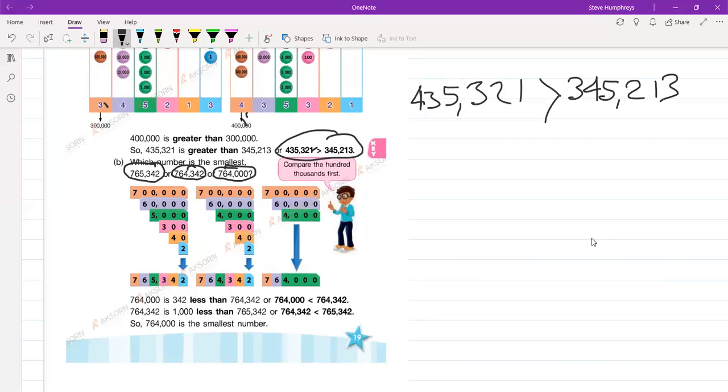Well, let's look at the numbers. Compare the 100,000s. They're the same. The 10,000s, they're both 6. Those are the same. The thousands, that's a 5. That's a 4. And that's a 4. So that's going to be your greatest number.